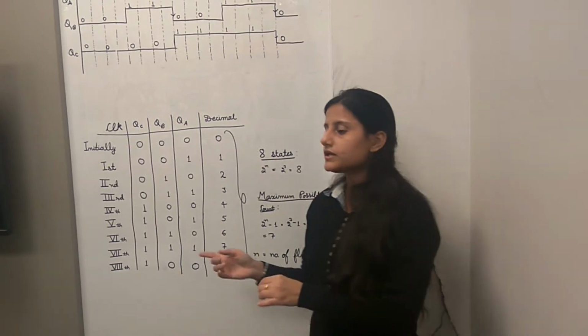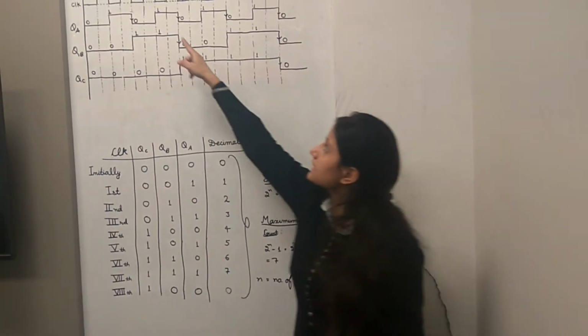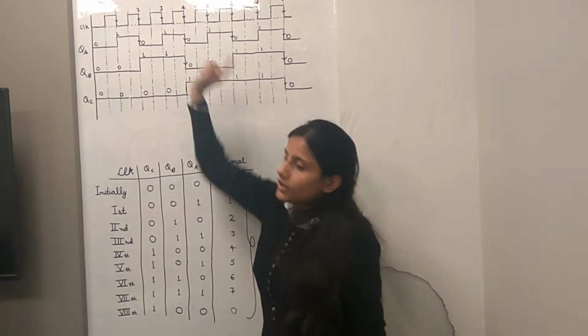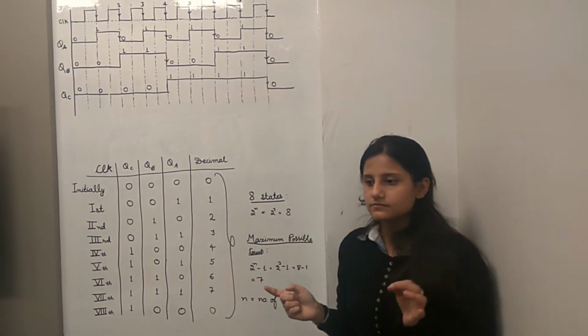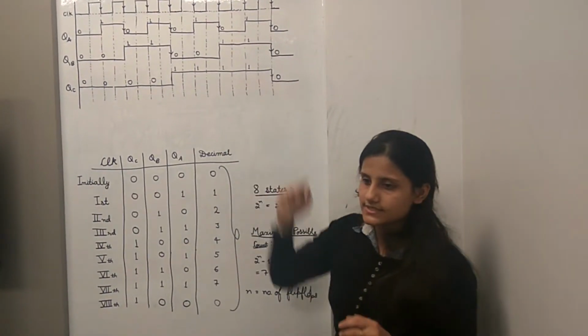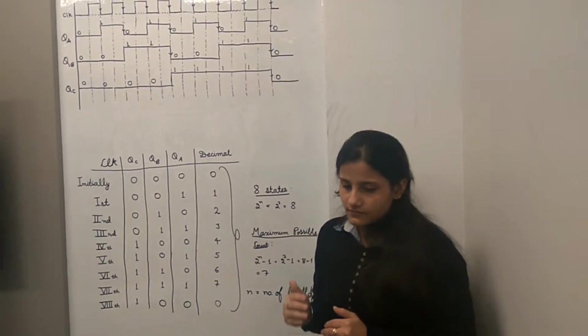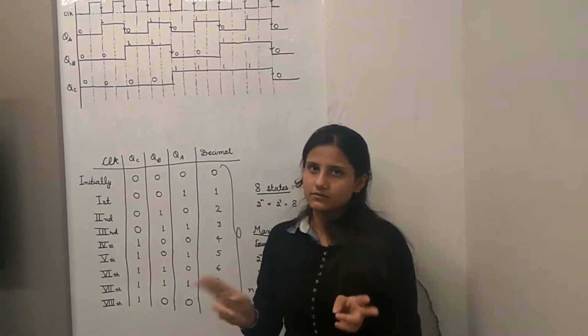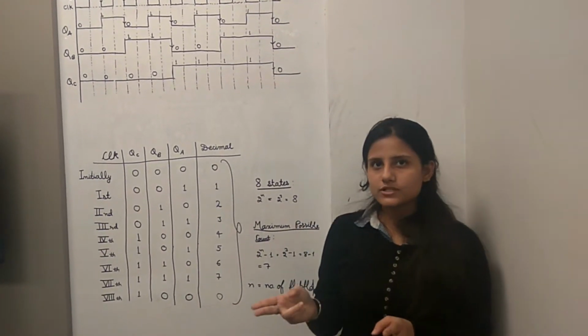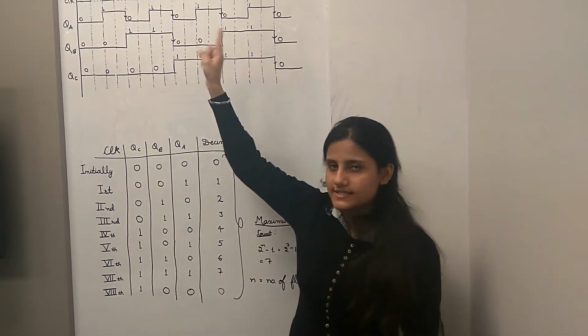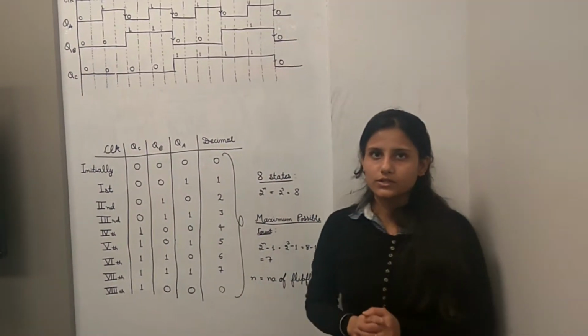Similarly, with a down counter we will consider the rising edges instead of falling edges, and in an up-down counter, which is a combination of both, we use both rising and falling edges.